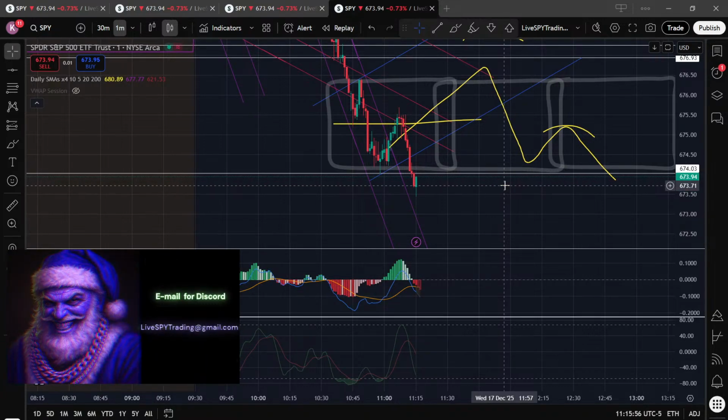Okay, I'm gonna see if this is the retest here. I wanna see if this is the retest, and then if we get a strong rejection, I might go in on puts if we get a strong rejection on the retest of the liquidity box here. I'm gonna be a little bit patient.